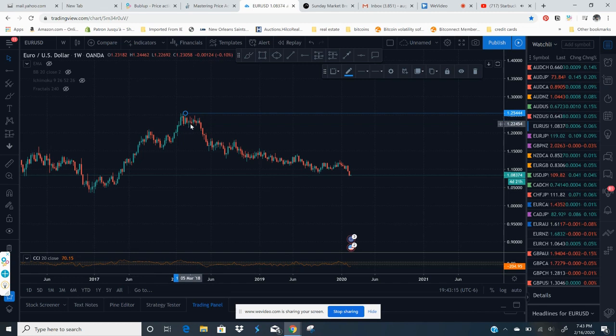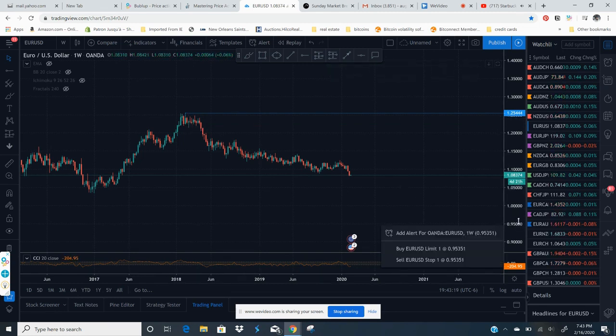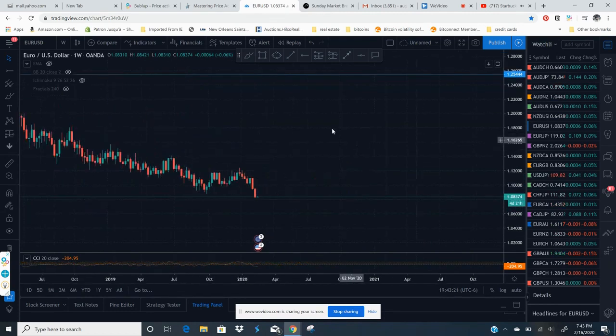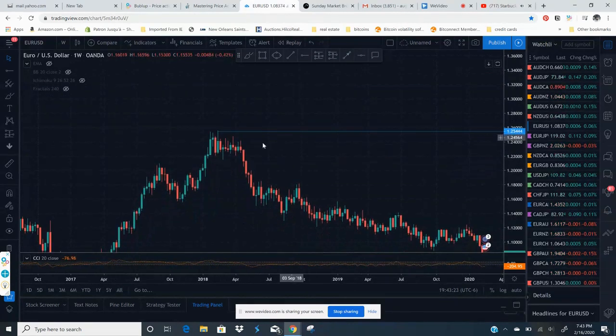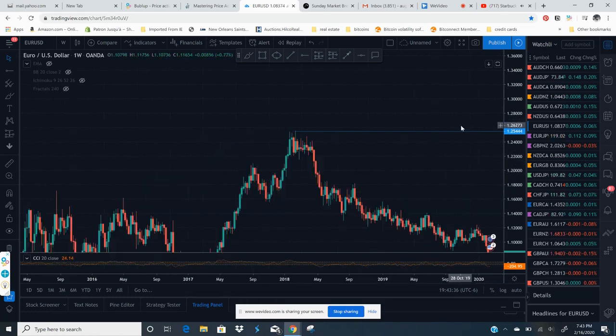Our price was indecisive. And let's zoom in. This area right here was the determining factor that broke the camel's back. It came down, went down, came back and touched this and fell. Okay.